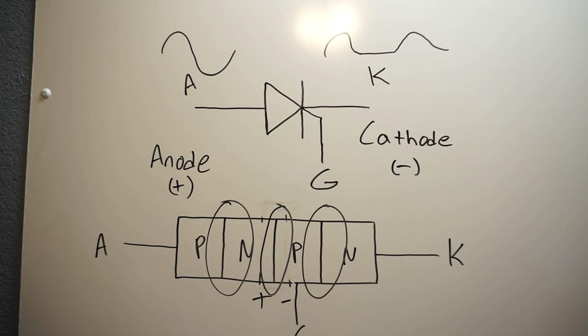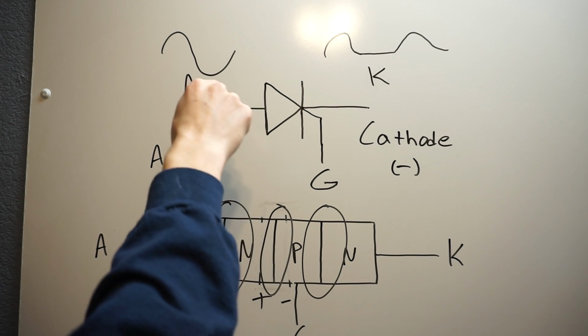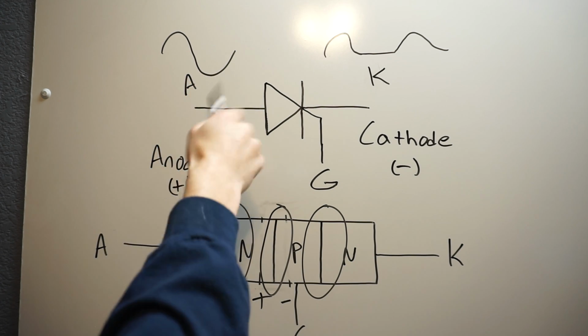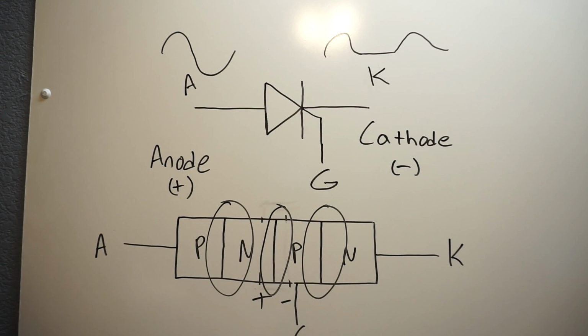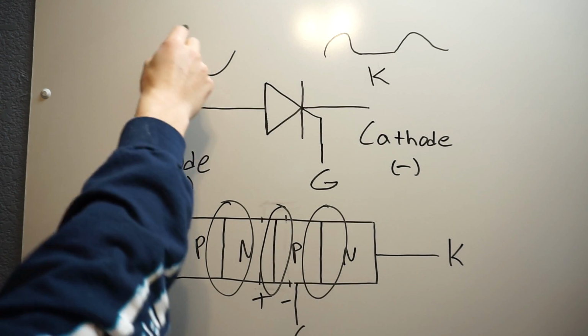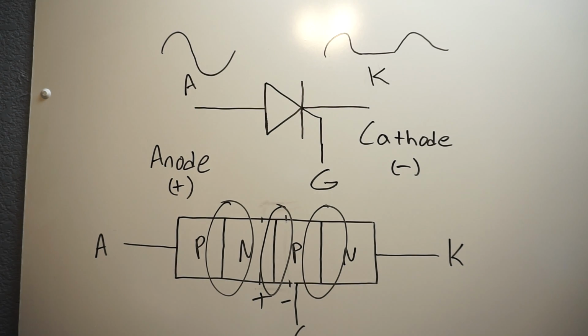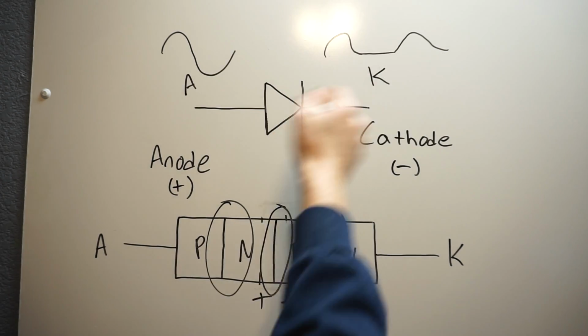If you watched my diode video, or if you know how diodes already work, you'll know that diodes work quite well in AC or DC circuits. If you have the diode forward biased and you apply a positive voltage over here, well, that's what forward bias is, right? The current will flow in the direction of that arrow. And so if you apply an AC signal, you can also put AC power through this diode, and only the positive half of your waveform makes it through.